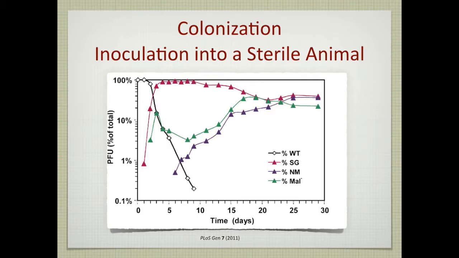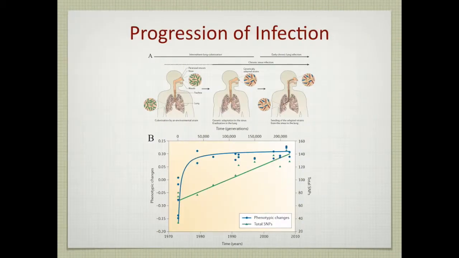Another complicated adaptation is a long-term infection like Pseudomonas aeruginosa, in mostly males that have muscular dystrophy. Pseudomonas is an opportunistic pathogen. It lives in our respiratory tract.